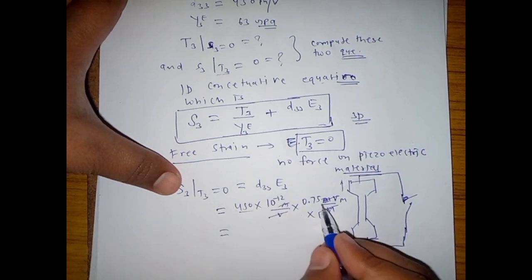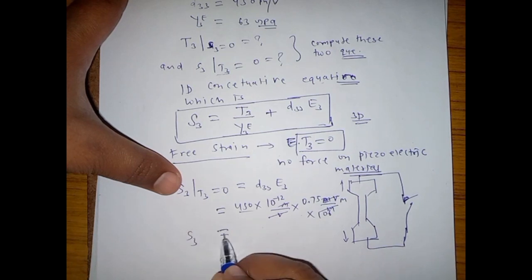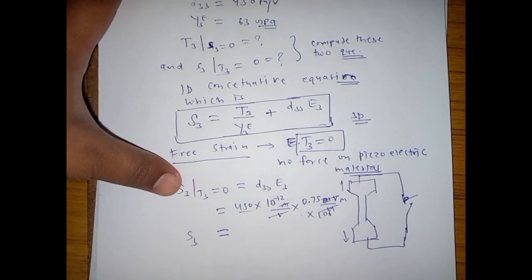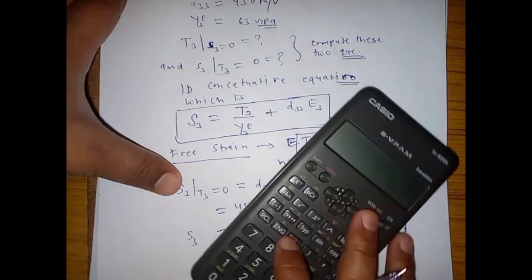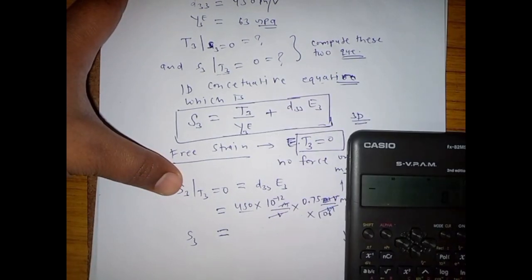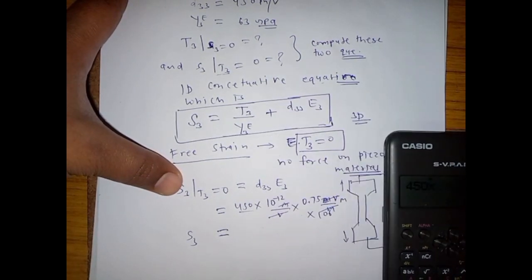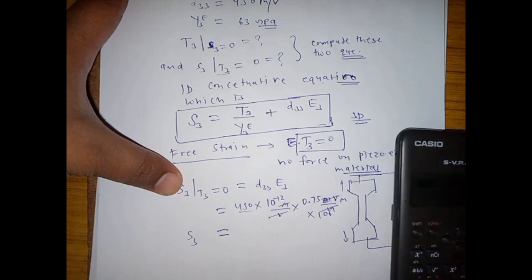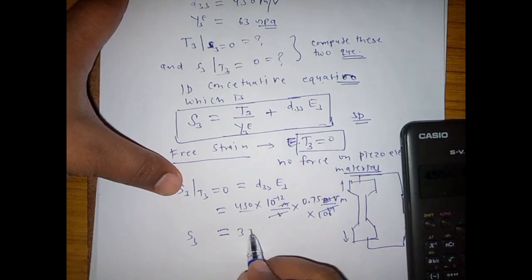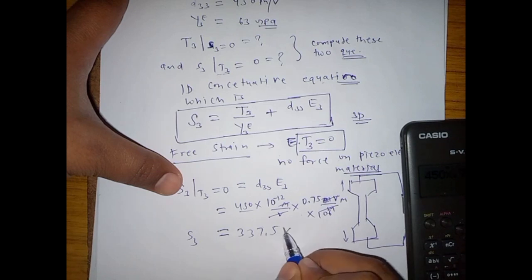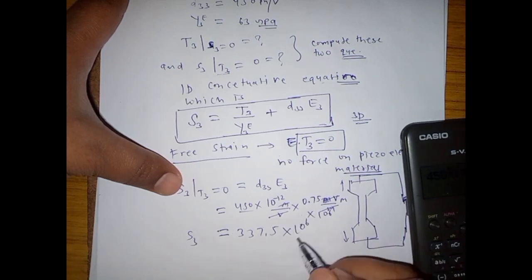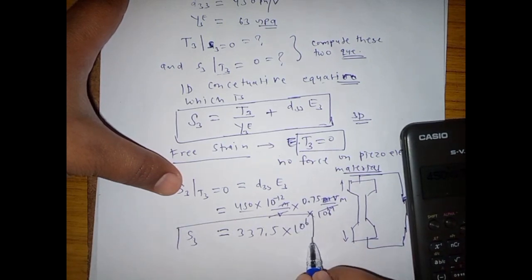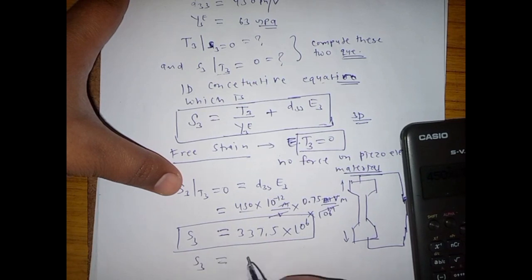When you solve this, you will get 337.5 times 10 to the power minus 6, or 337.5 microstrain.